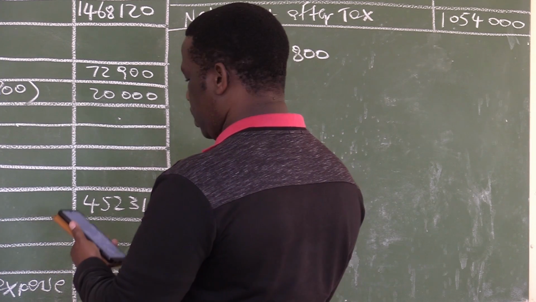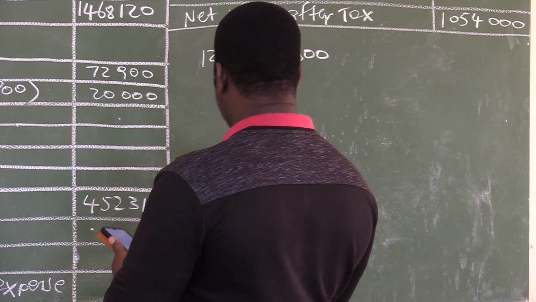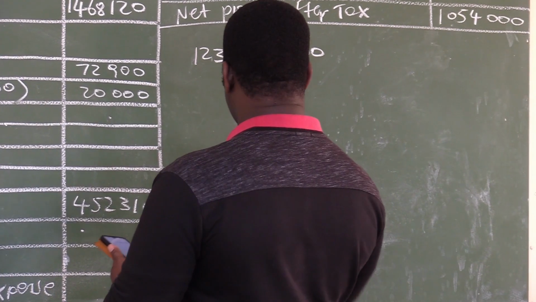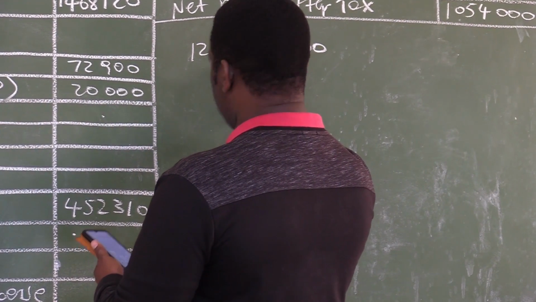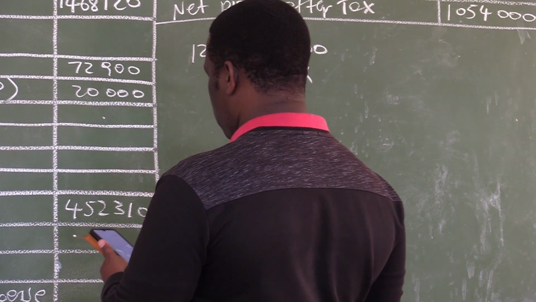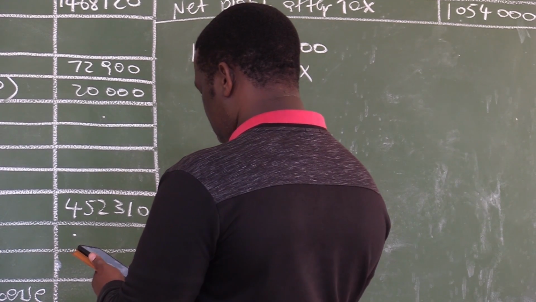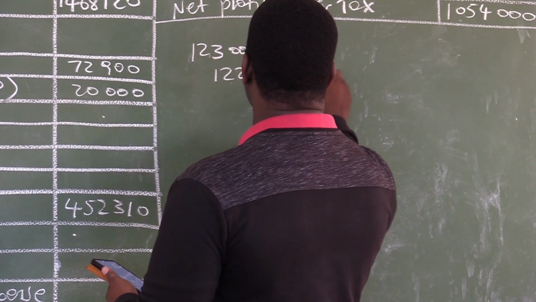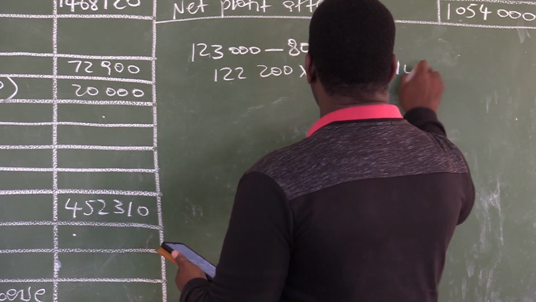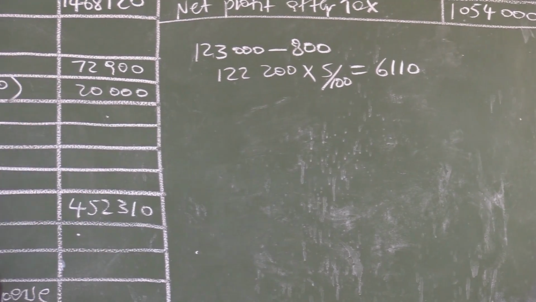That gives us 122,200. We multiply this by 5%, which gives us 6,110. So our provision for bad debts is supposed to be 6,110.